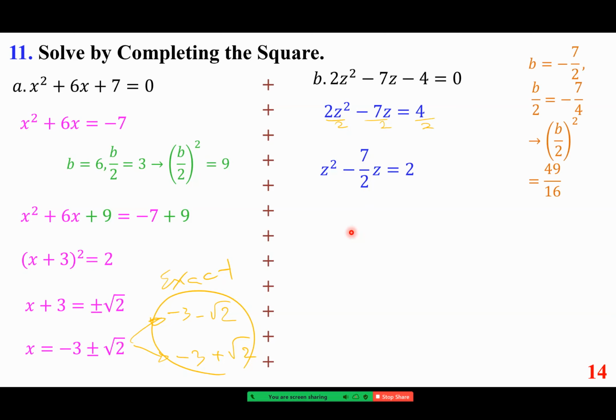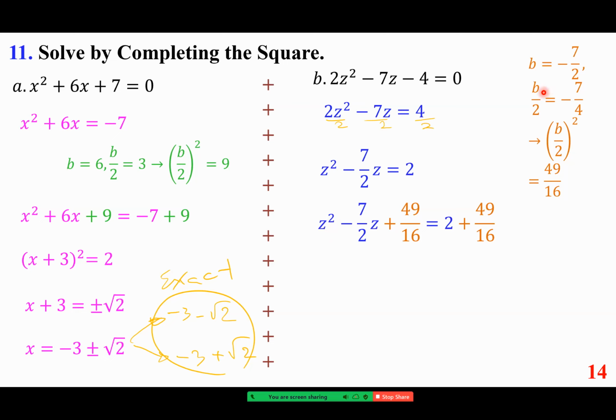So one more time. Here's the value of b divided by 2. Square it. Now add this number to both sides. So what happens on the left side again, you simply put the variable, in this case it is z, not x. So you put z plus b over 2.